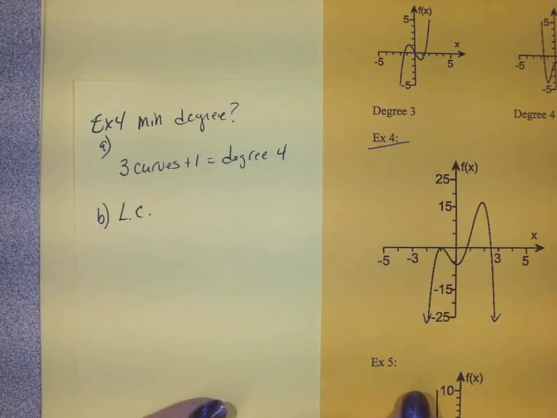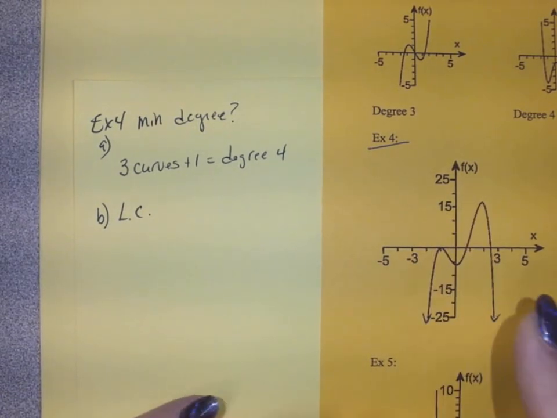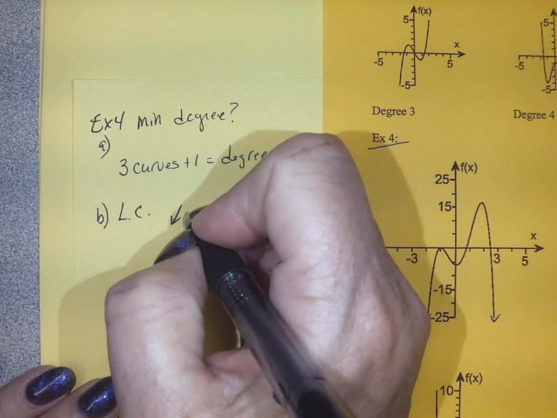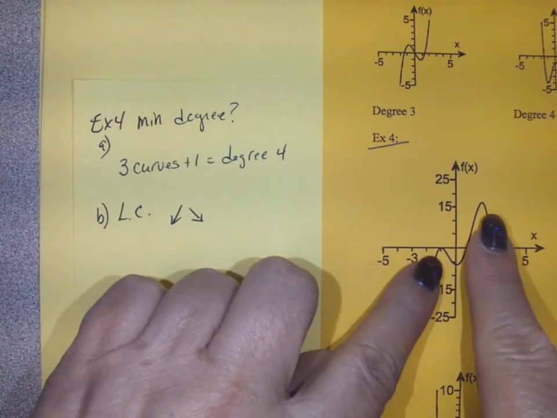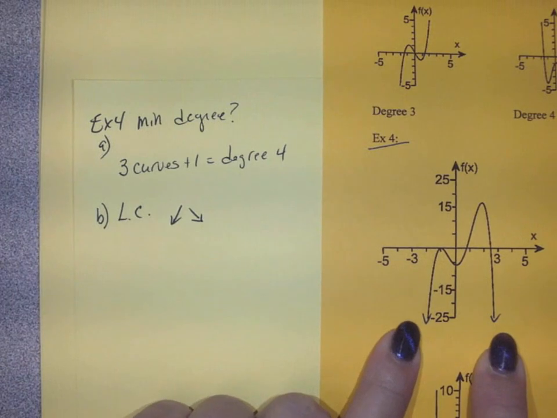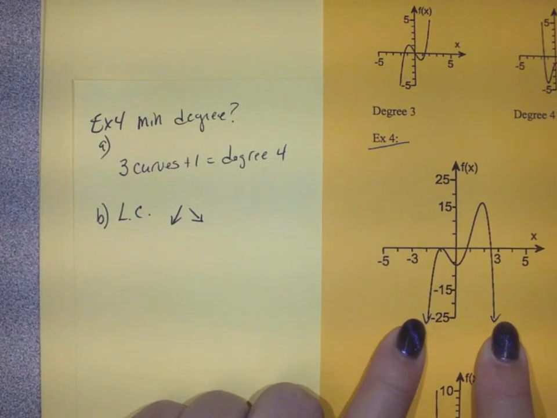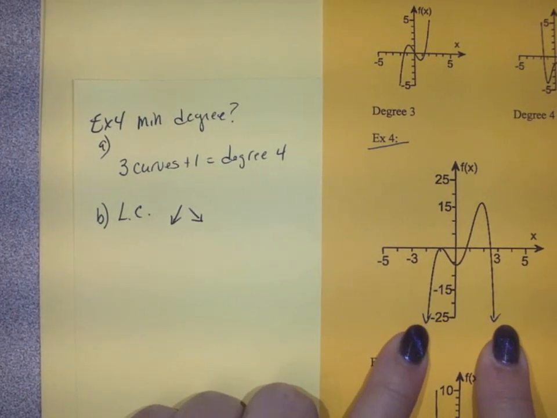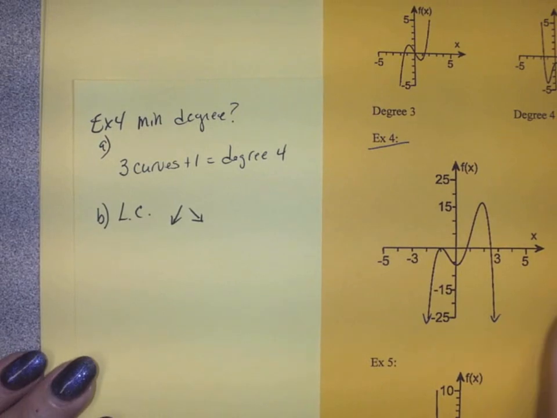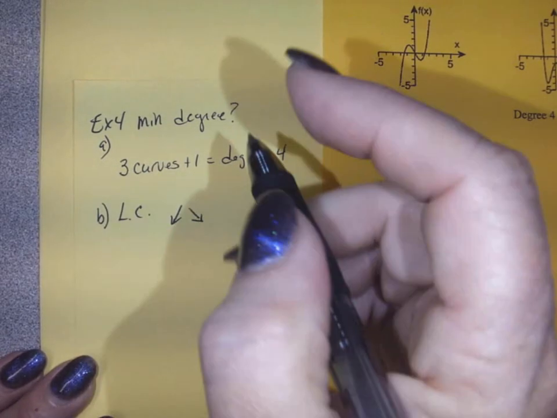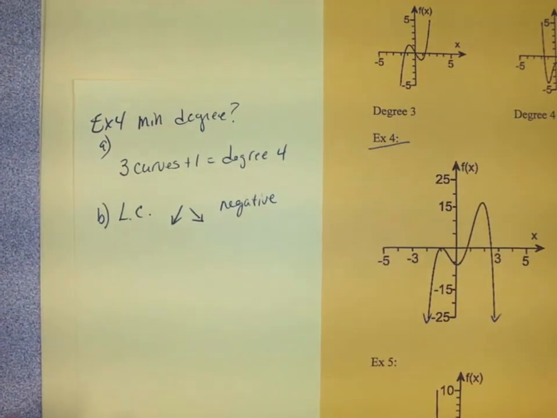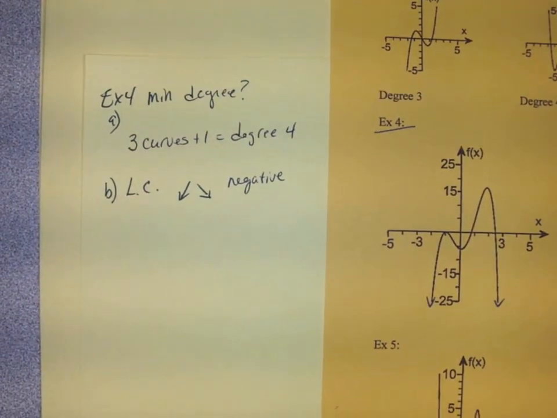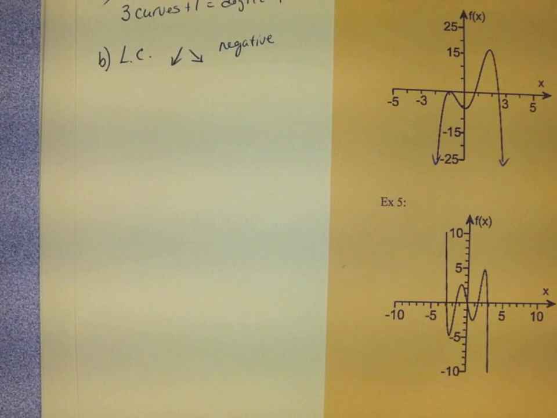Because our graph goes down, and we have an even degree of 4, which we're sure about because the graph ends, they're both down, so that tells us it's going to be even. Because if they both go down, then our leading coefficient is negative.